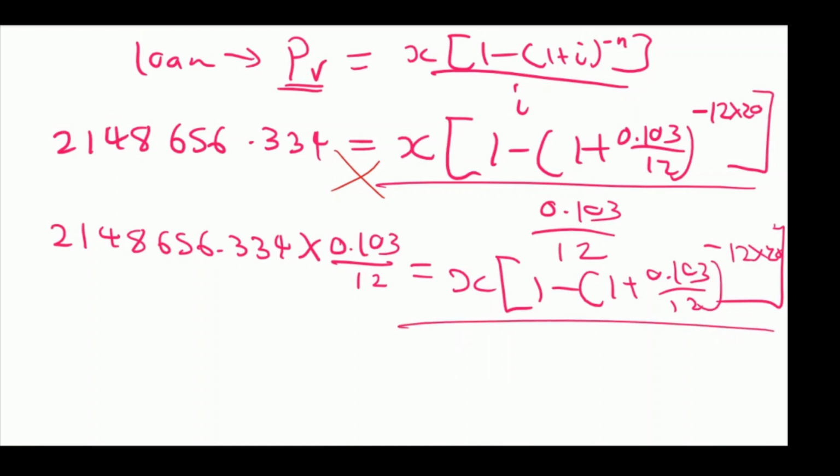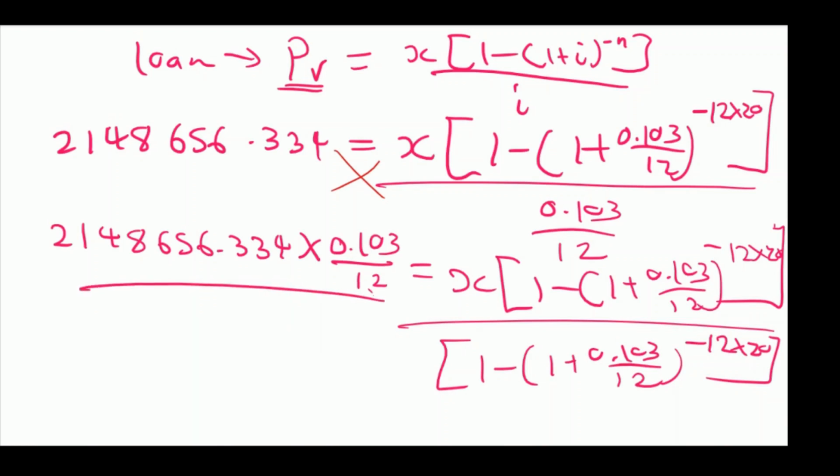And we're going to divide by this expression of 1 minus (1 plus 0.103 over 12) to the power of minus 12 times 20, and also divide it here, so it's 1 minus (1 plus 0.103 over 12) to the power of minus 12 times 20.